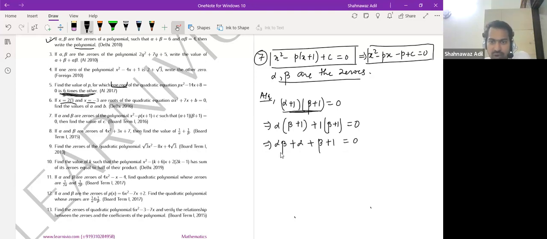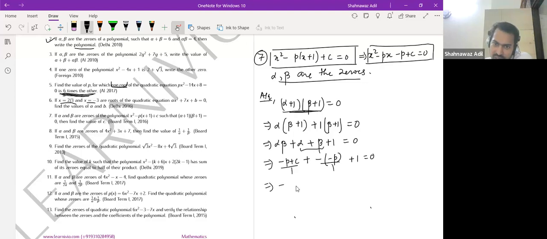Harshit, what is alpha into beta? Alpha into beta is minus p plus c. And alpha plus beta is minus of minus p by 1, which is p.